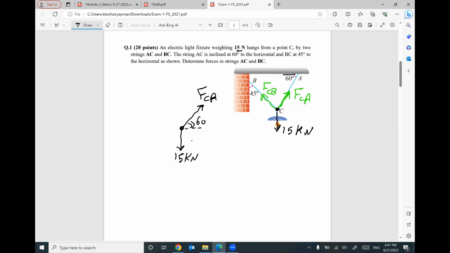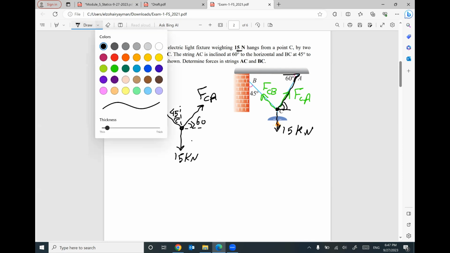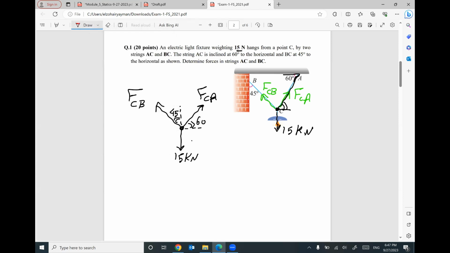This angle 60 equal to this angle 60. And we have another force here, FCB with angle 45 degree. Keep in your mind, this angle 45 degree is equal to this angle. This one equal to this one.